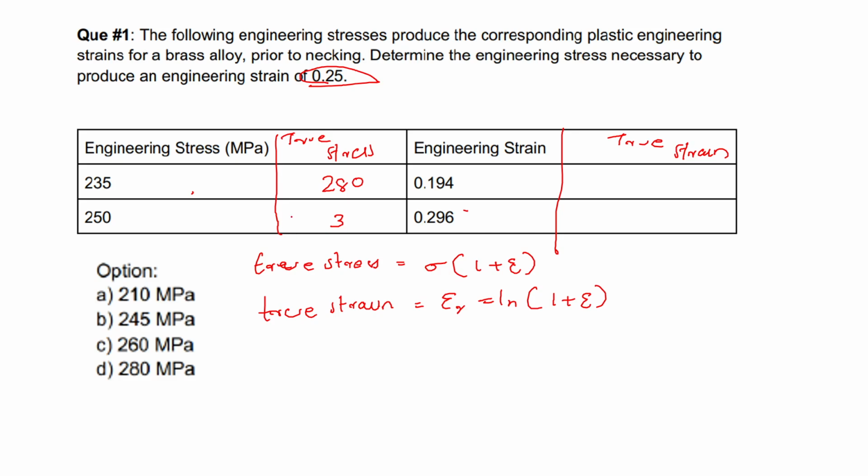Sorry, 324. Yes, it will be 324. And what about the two strain values you got? 0.177, and then 0.259. Just cross-check once.